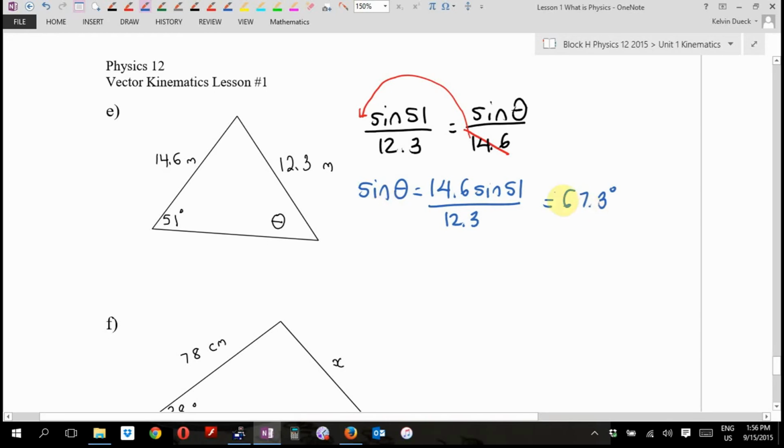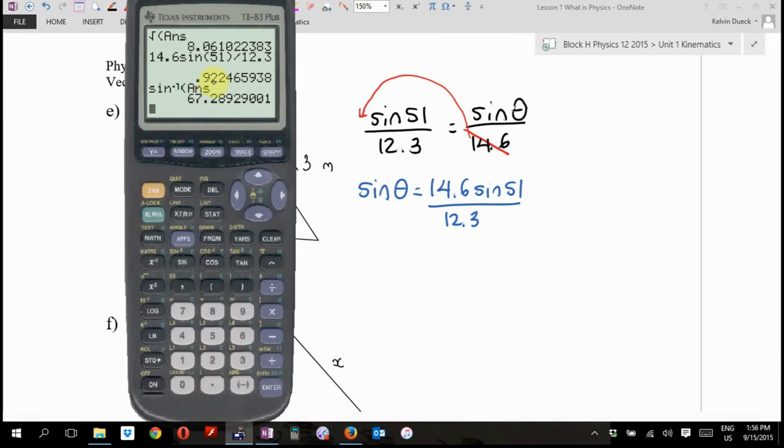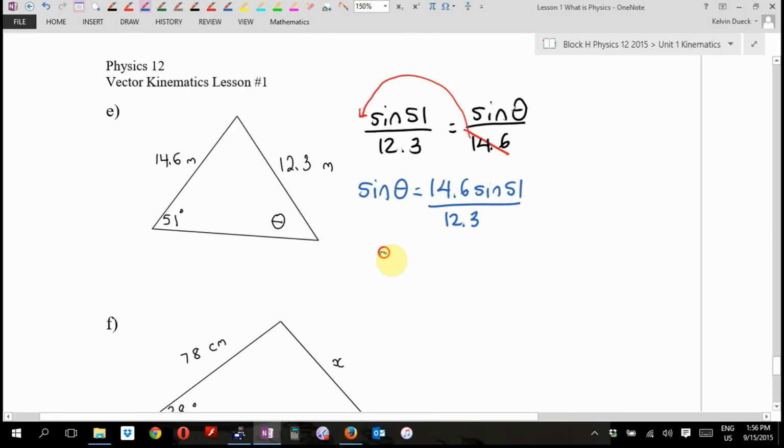Sine of theta doesn't equal 67.3. Sine of theta equaled 0.922. Put it on a separate line. Theta equals 67.3 degrees. Would you take marks off? No, probably I wouldn't, but I would write a frowning face there. Bad math matters. Let's do it right.